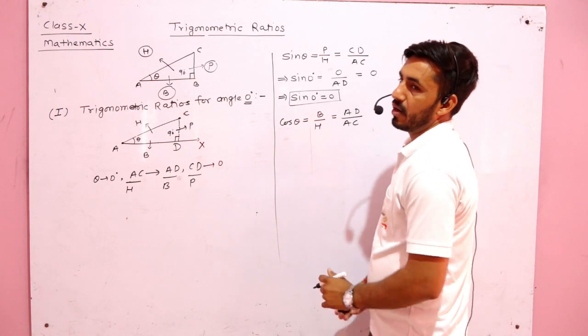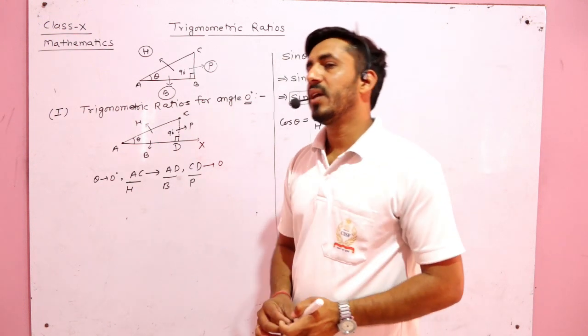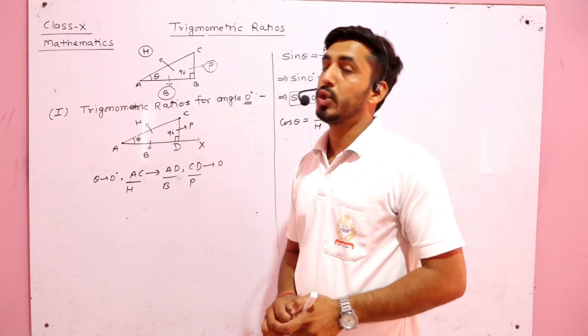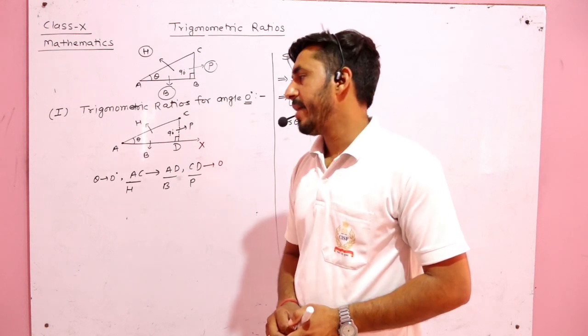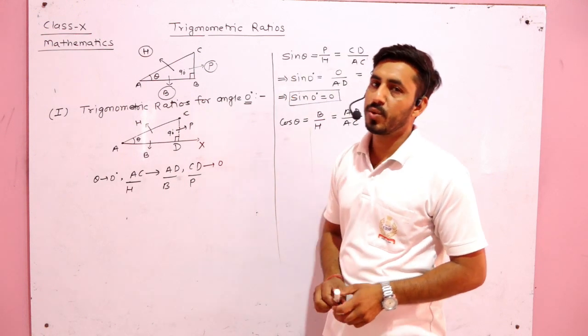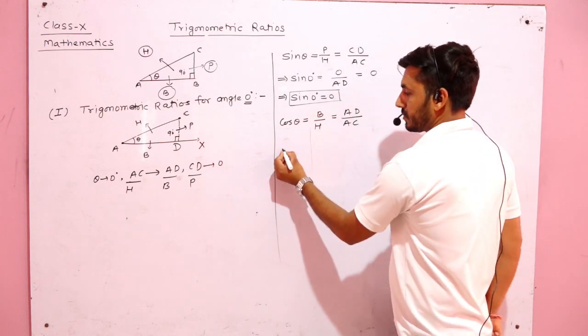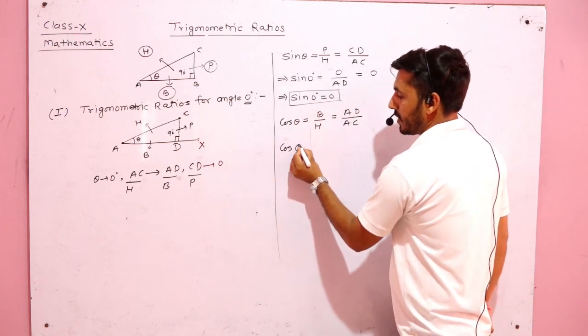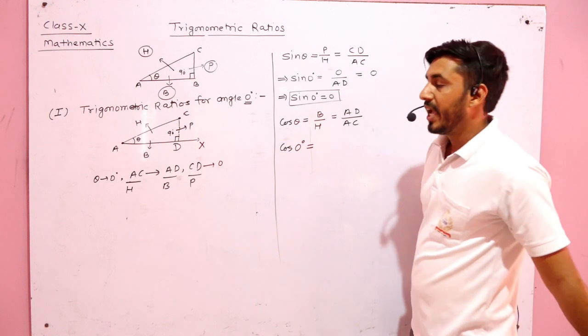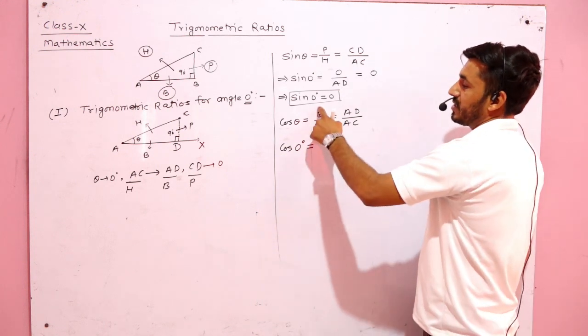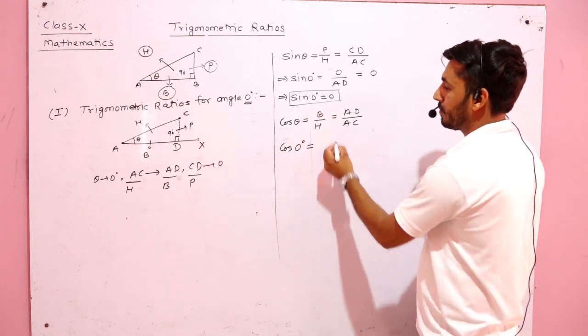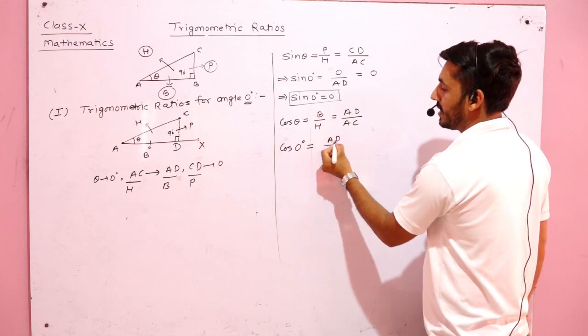When theta tends to 0, the result will be cos 0 degree, and the base is AD.